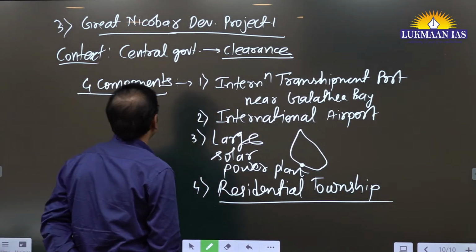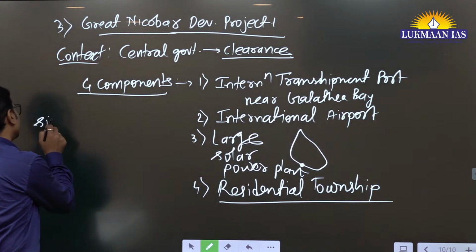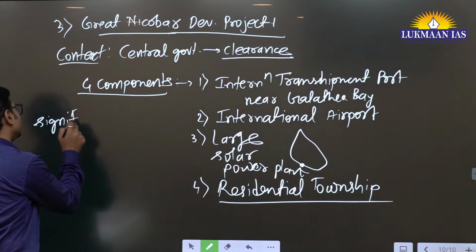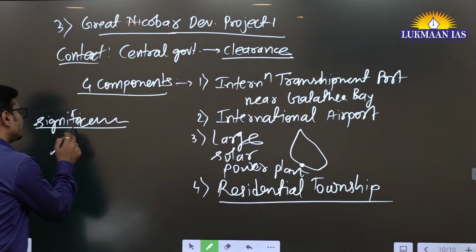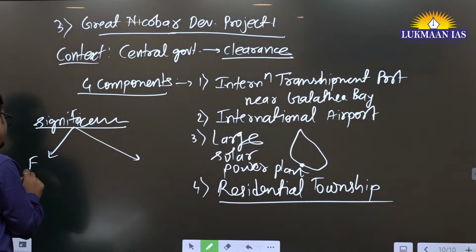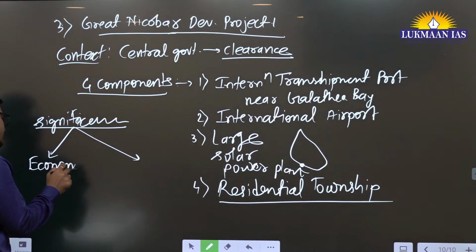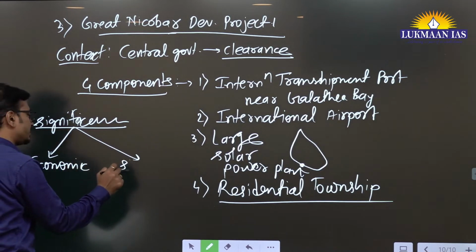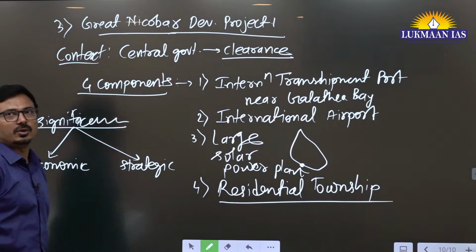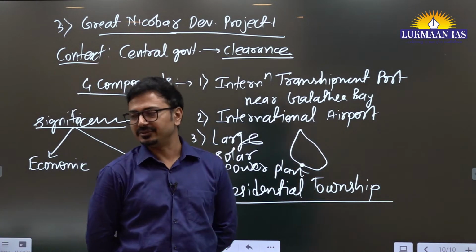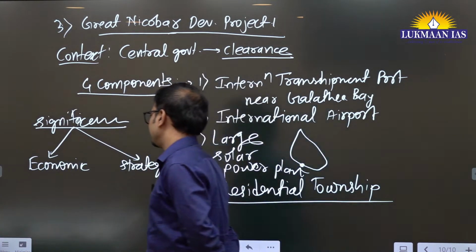let's try to understand significance first. Positive. And I will divide it into two parts. Economic significance. आंसर में भी ऐसे ही लिखना है. Strategic significance. Economic significance, strategic significance. What is economic significance?